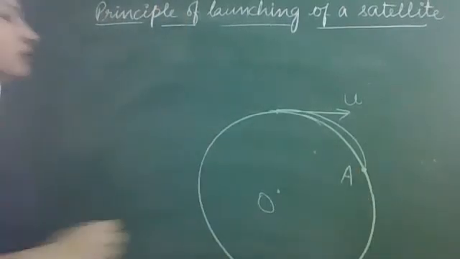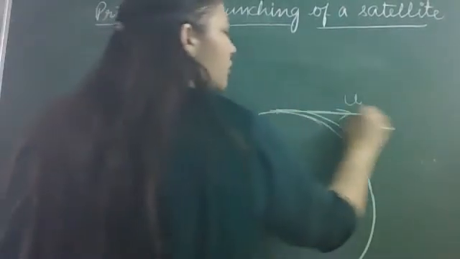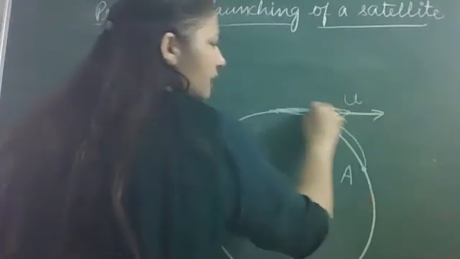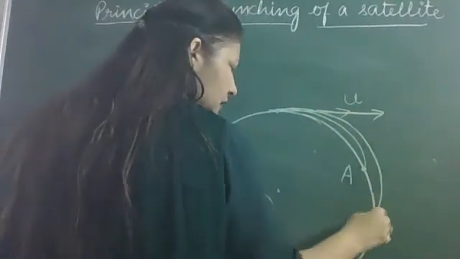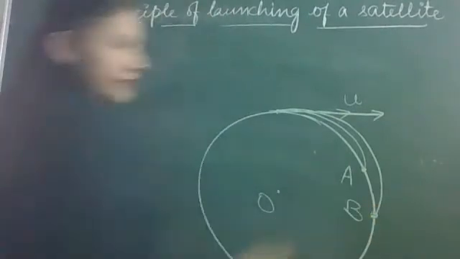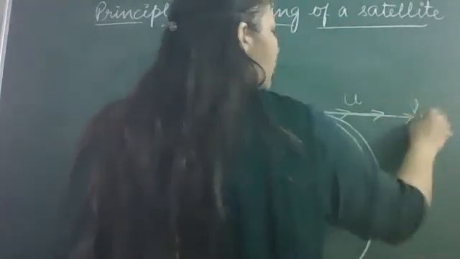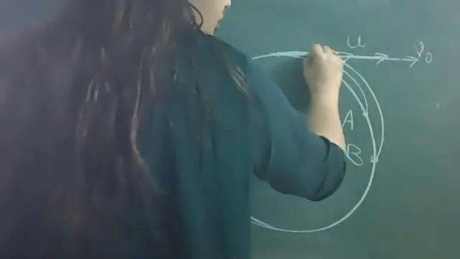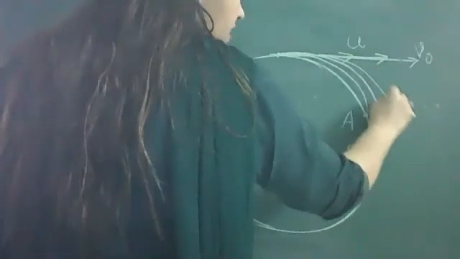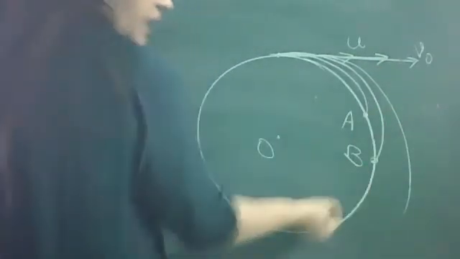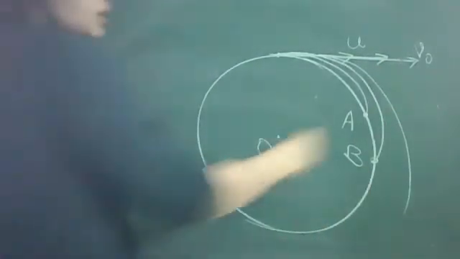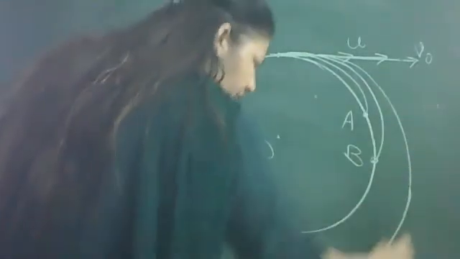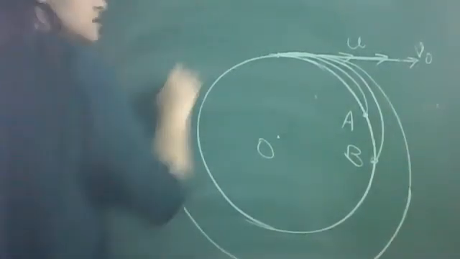Now we project it with a little more horizontal velocity. It will cover a little more distance and strike a farther point. Now we provide a minimum velocity called orbital velocity, such that the object does not strike any point on Earth due to its curvature and starts revolving around it and becomes a satellite.